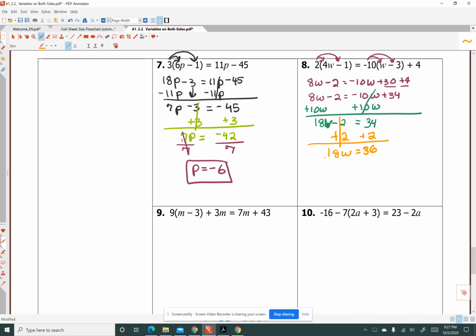Now, w is being multiplied by 18, so I will divide it by 18, doing the same thing to the other side. And I'm left with w equals 36 divided by 18 is 2.